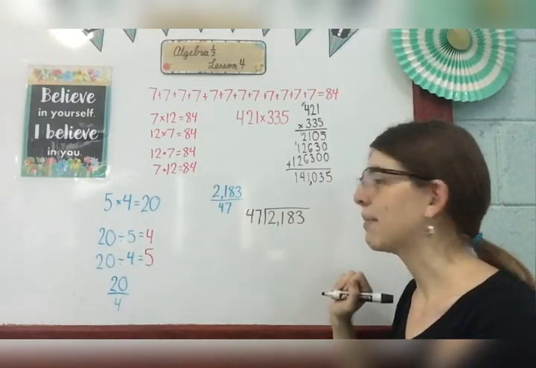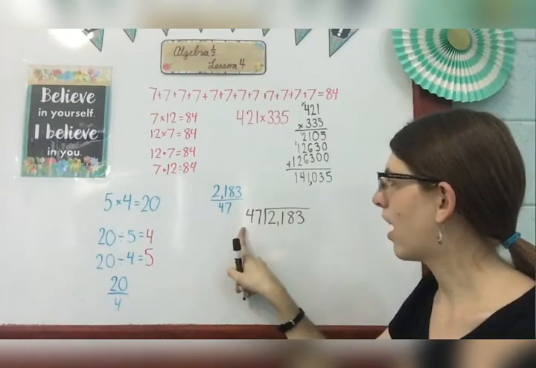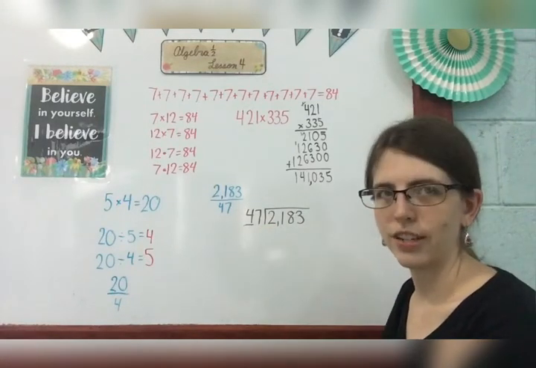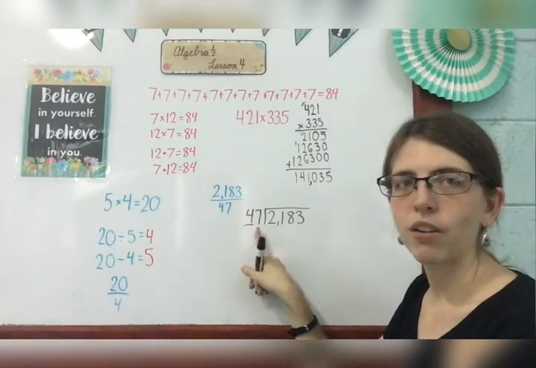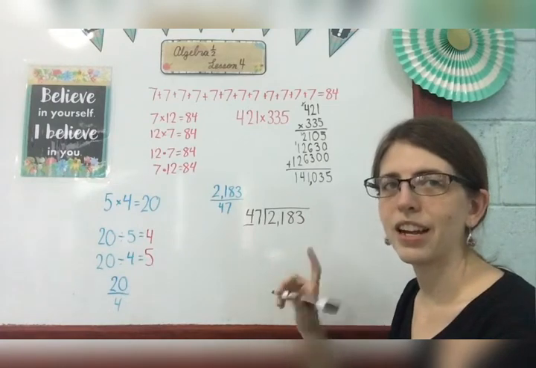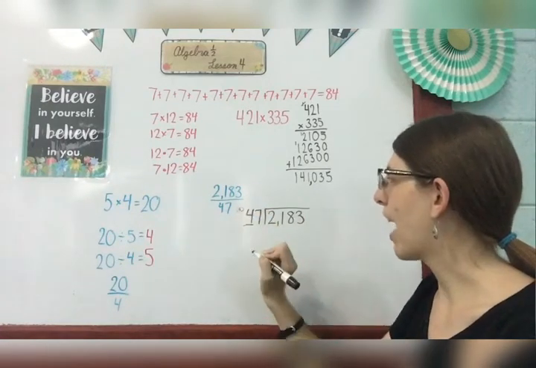Remember, when you're dividing by a 2-digit number, come over here to this number, you're going to look at this first digit to estimate. Now, because the number behind it, 7, is greater than 5, that means that 47 is closer to 50 than it is to 40. So I'm going to estimate with a 5.